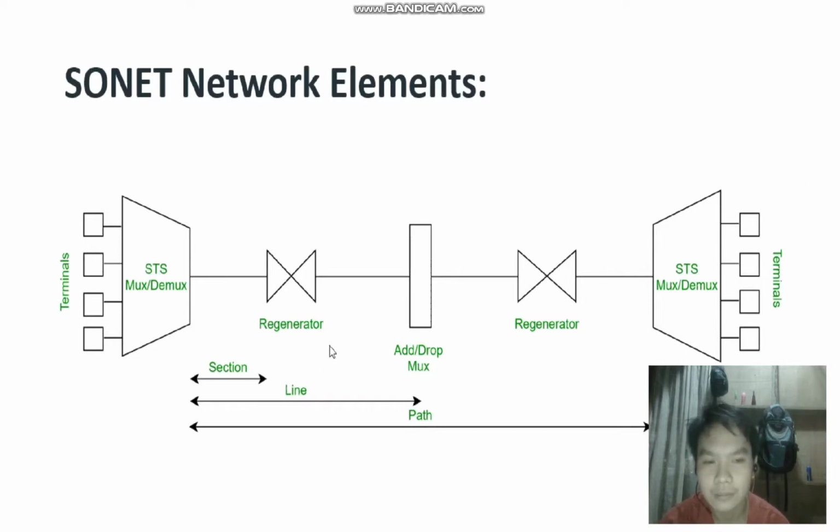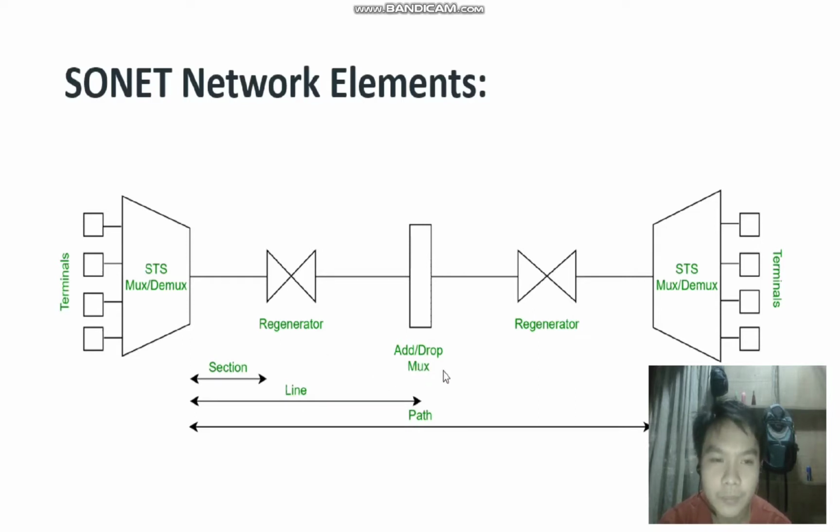And the section connects the two neighboring devices. The STS mux connects to the regenerator, and the regenerator to the add or drop mux. And from the add or drop mux, it connects again to the regenerator, and the regenerator to the STS demux. Then the line connects the two multiplexers, from STS mux to add or drop mux.